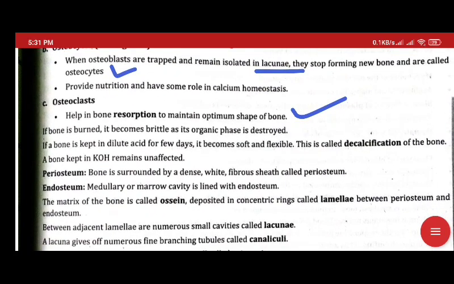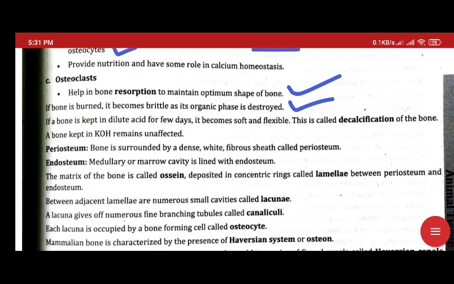If we put bone in acid, dilute or concentrated, then the bone's organic phase gets destroyed. If we put it in KOH, then nothing happens.